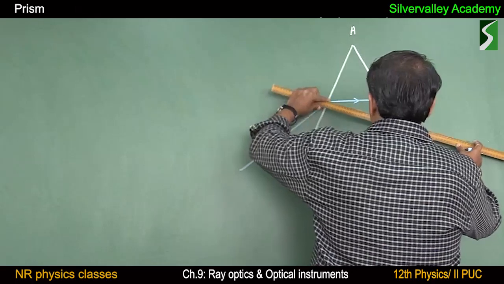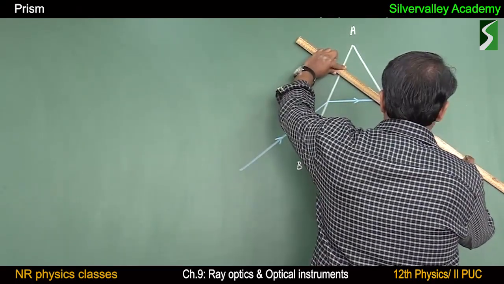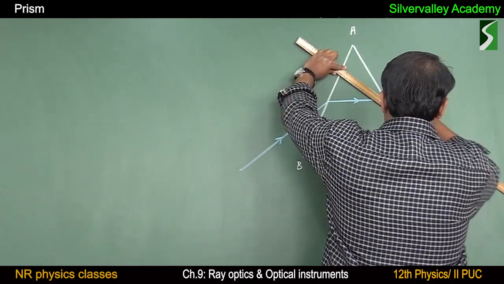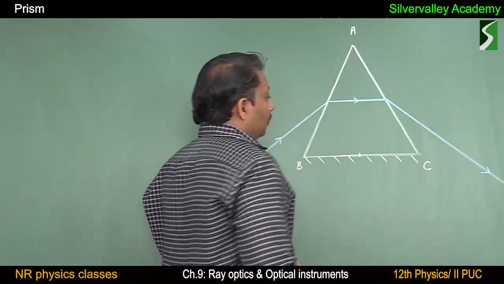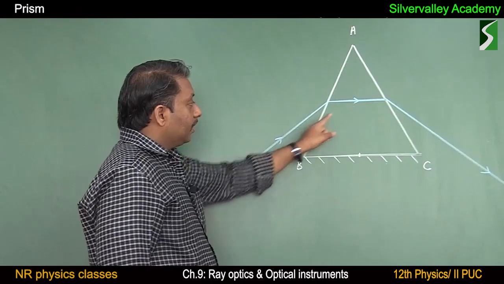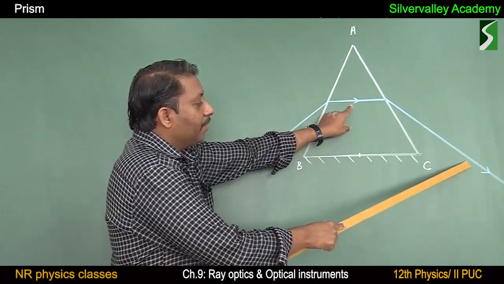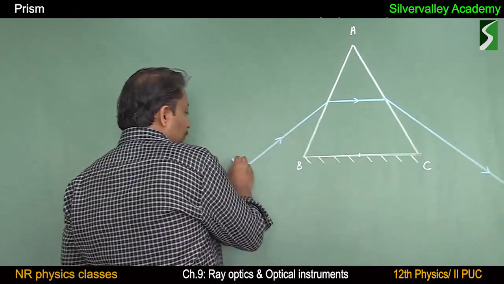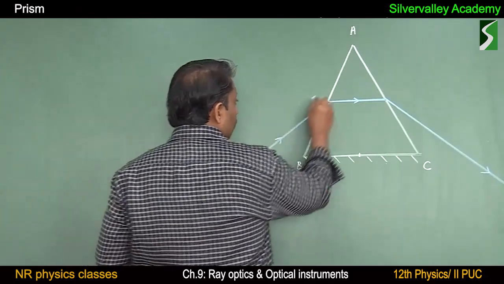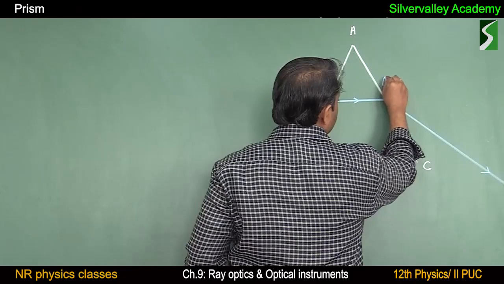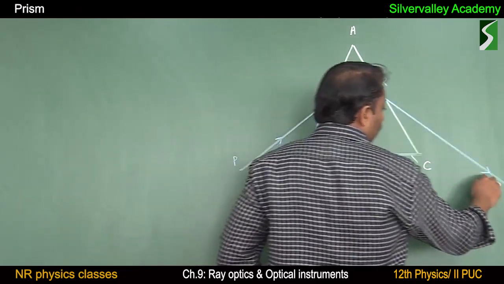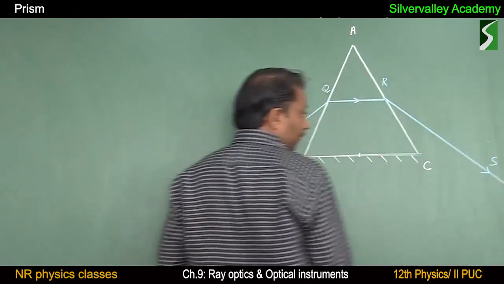Next, emergent ray. Incident ray, refracted ray, emergent ray. So PQ is the incident ray, QR is the refracted ray, RS is the emergent ray.